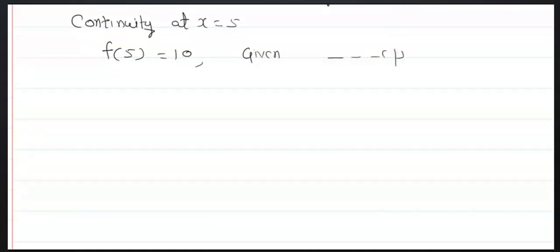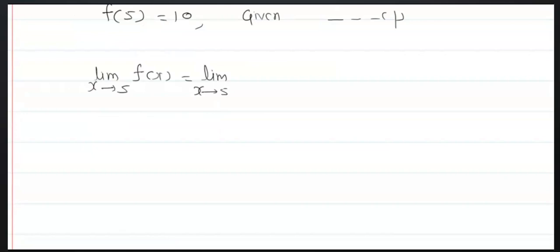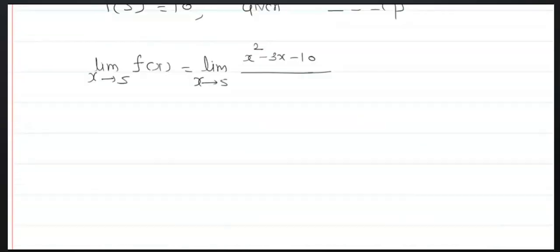F of 5 is 10. That is given. I will take the limit of f of x, limit x tends to 5, x square minus 3x minus 10 upon x minus 5.